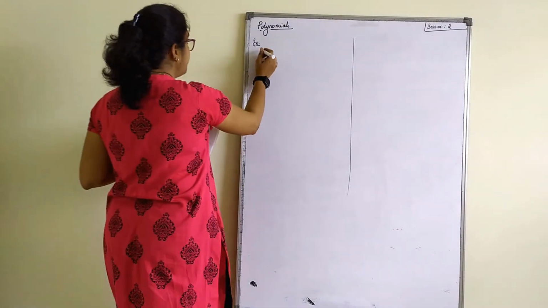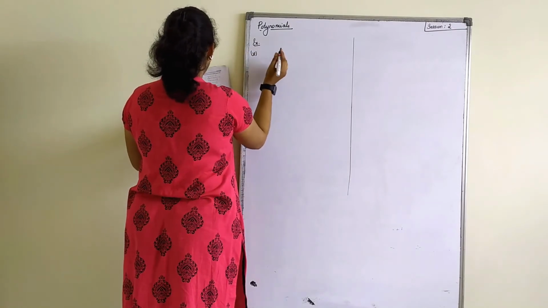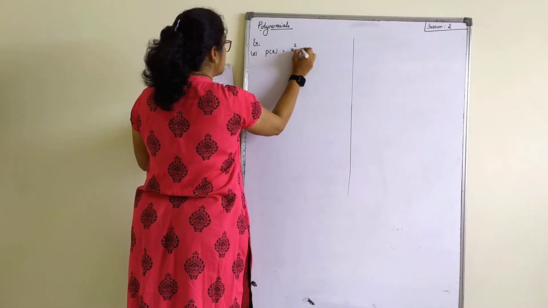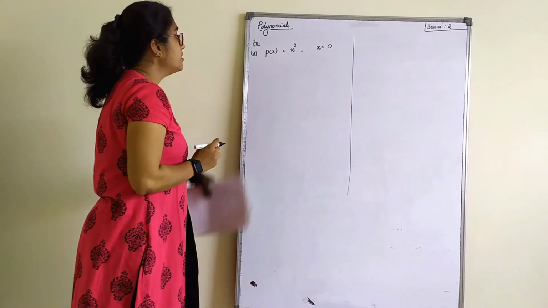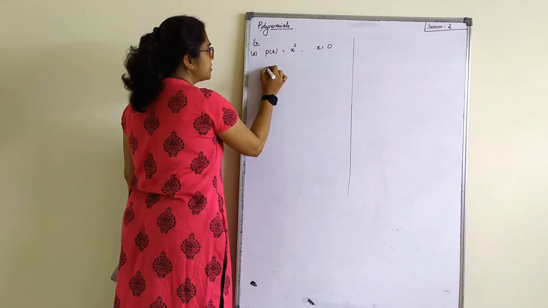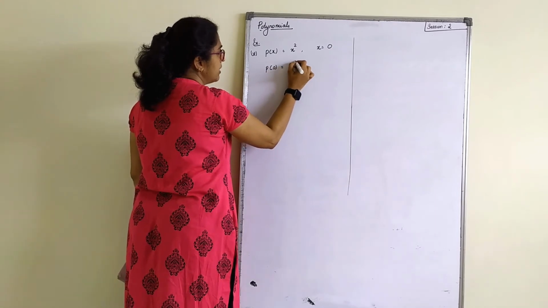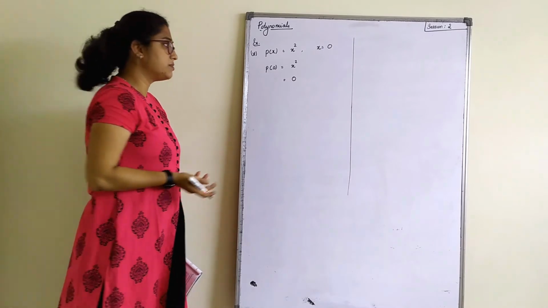So we'll start with the fifth one. The fifth sum is P of x is equal to x square, where the x value is 0. So what we have to do here? Substitute the value of x as 0. That is equal to x square. So x value is 0. What does this mean?